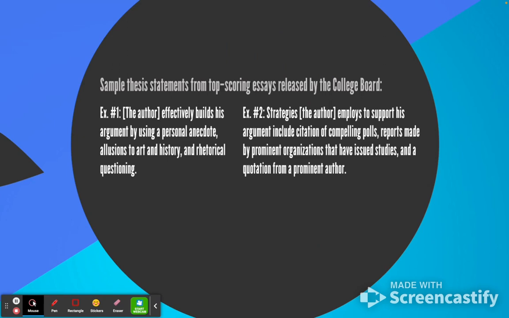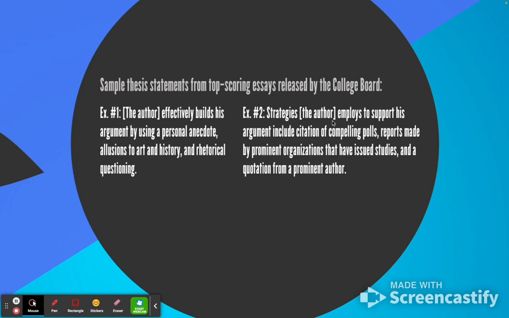So here are some examples of thesis statements from essays that were released by College Board. Example number 1, the author effectively builds his argument by using a personal anecdote, allusions to art and history, and rhetorical questioning. The reason it has the author here in brackets is because they wrote the name of the author they were talking about, and that's what you would want to do.